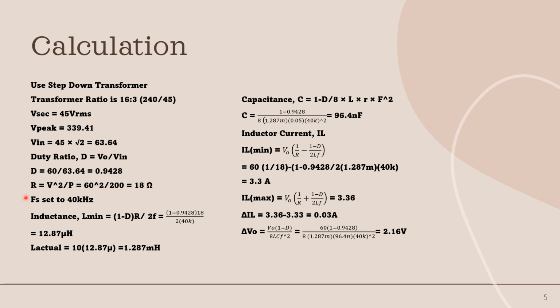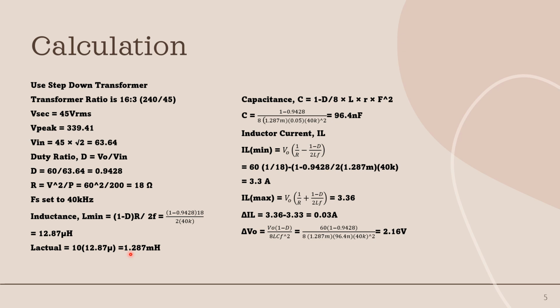So we set the switching frequency to 40 kHz, and we calculate the minimum inductance using the formula (1 minus D) times R over 2 times frequency, and we will get the minimum inductance 12.8 microhenry. So the actual inductance is going to be 10 times more.